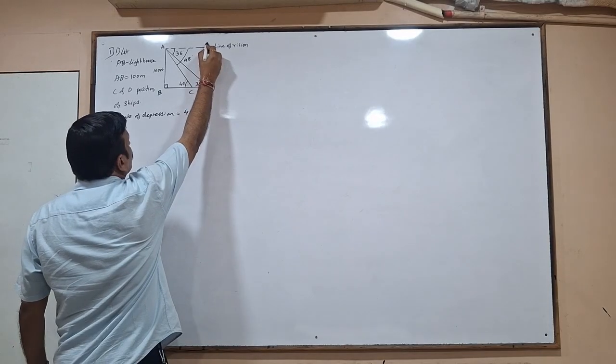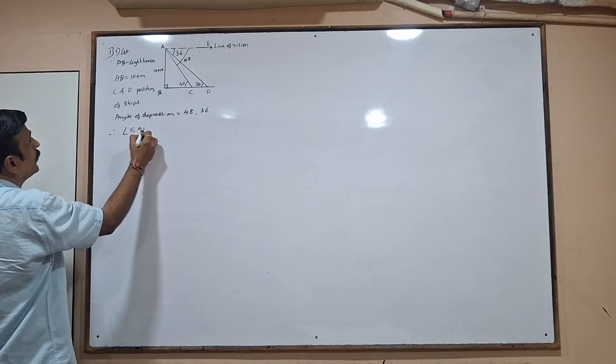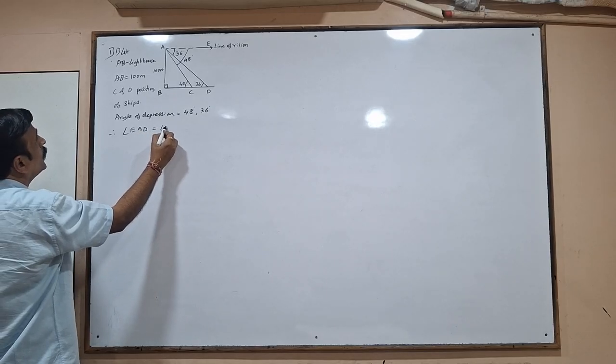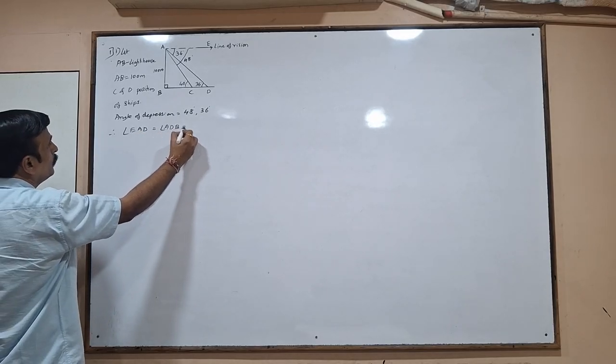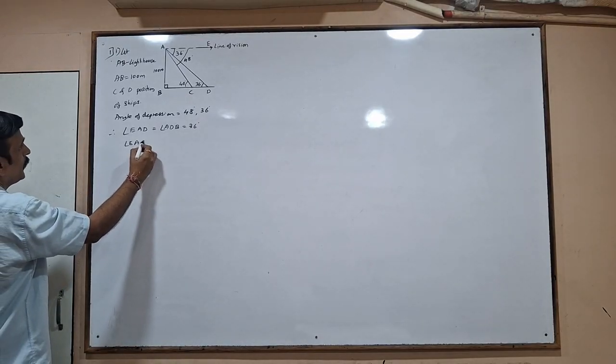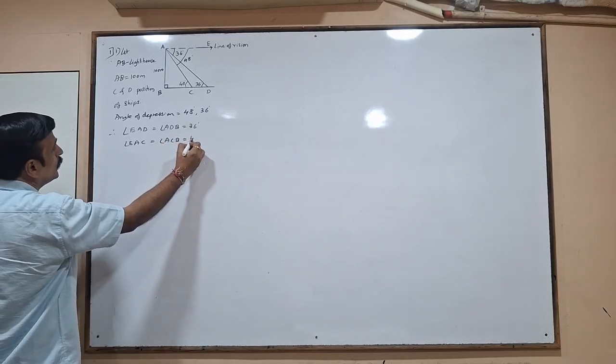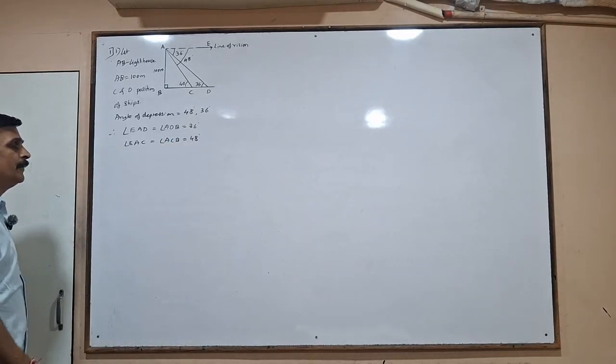Angle EAD is equal to angle ADB, equal to 36 degree, and angle EAC is equal to angle ACB, equal to 48 degree.